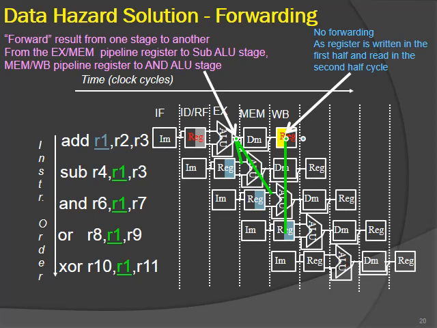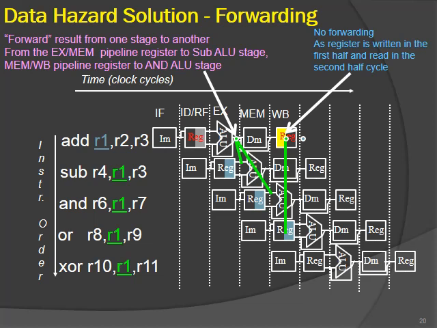The other option, if we are not using forwarding, is to divide our register into two halves. The first half of the register file will be used for the write process, and the second half will be used for the read process.